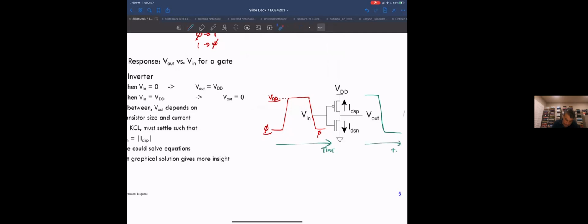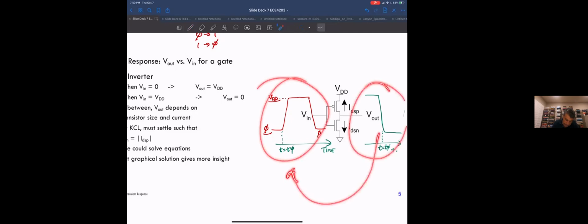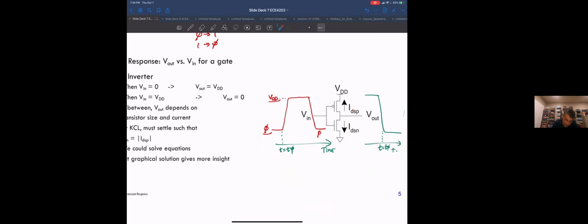So when the input is low, the output is high. Let's call this T equal to T0, and this is T equal to T0. Okay, so these should be superimposed. This one should be down here, doing the reverse.